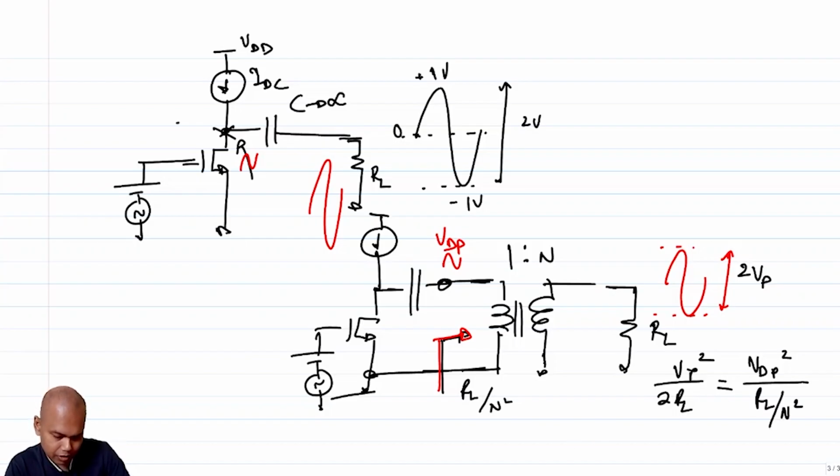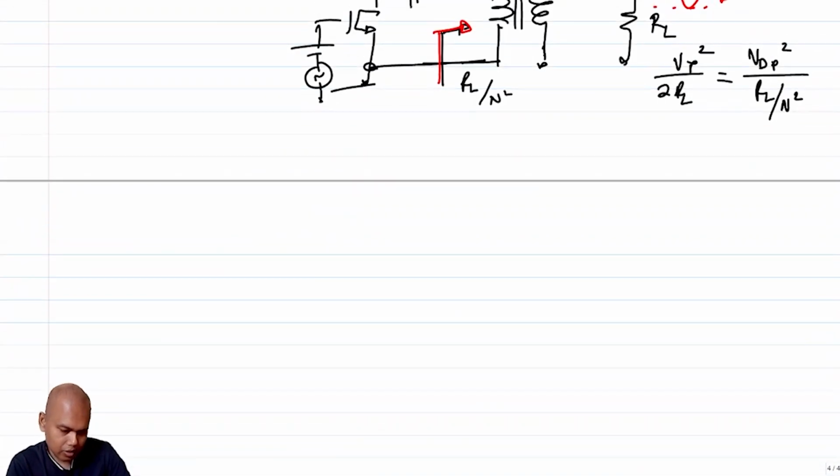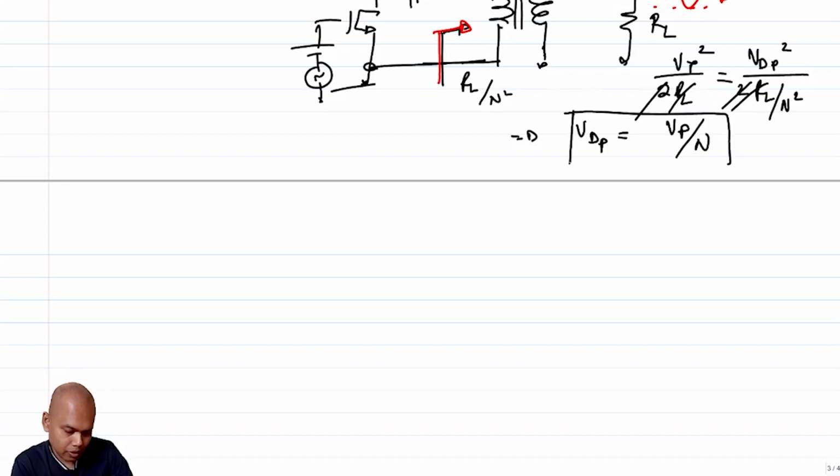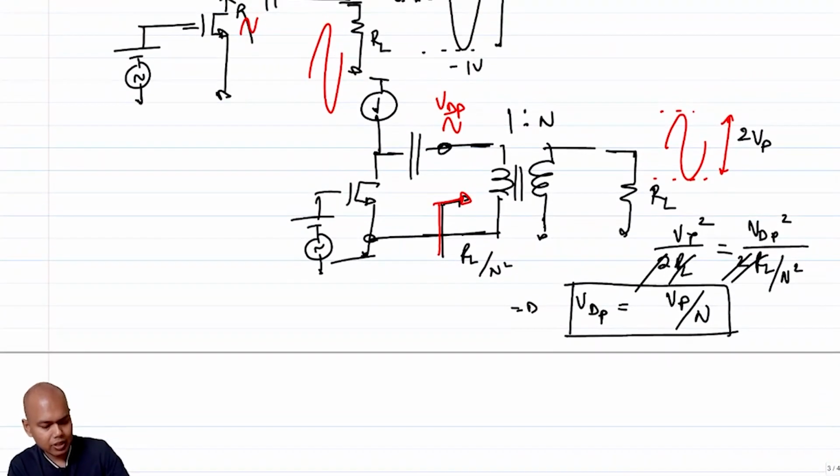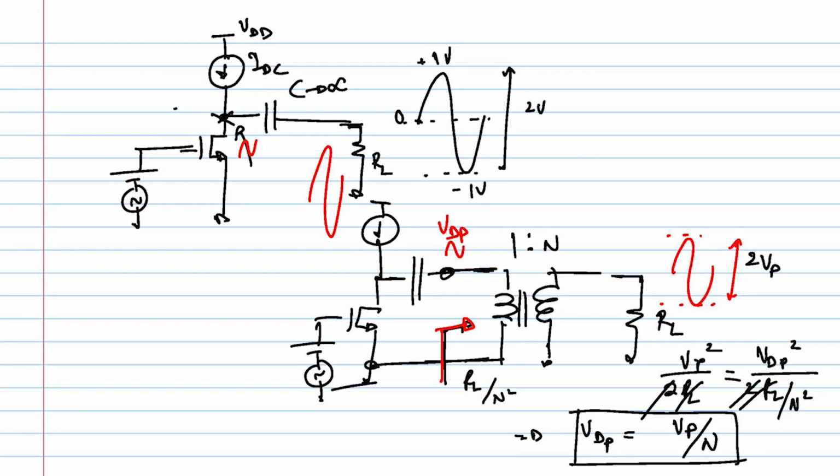Which essentially means that your Vdp is equal to Vp over N, correct? And this should make sense because it's a transformer, right? The swing at one side is basically N times the other, or 1 over N times the other, right? So in this case, it makes sense that the swing will reduce.